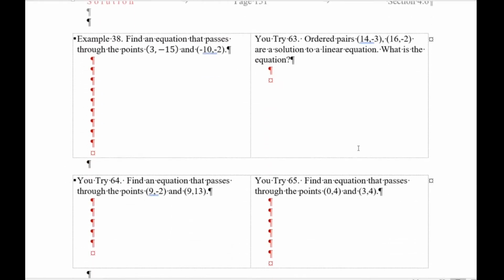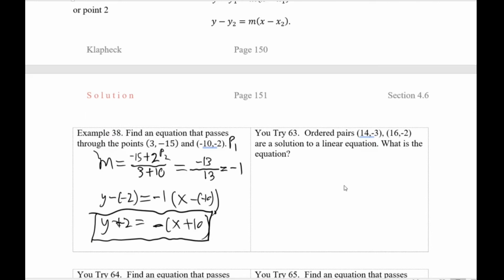Example 38. Find an equation that passes through the points 3, negative 15 and 10, negative 2. First, we need to find the slope. m equals y2 minus y1. And here I'm labeling this point, point 2, and this point, point 1.